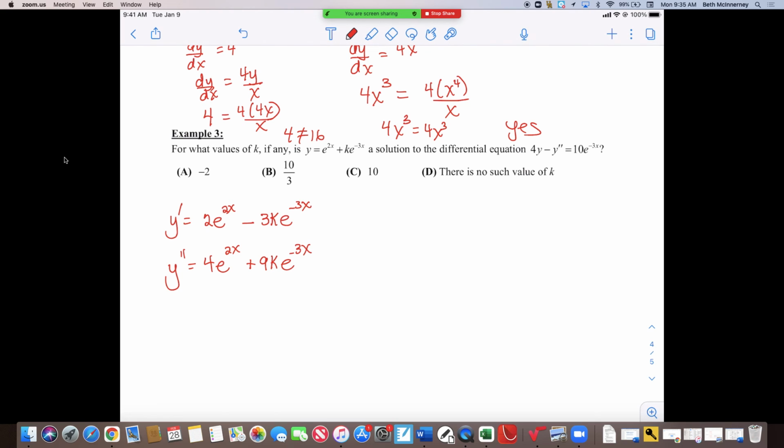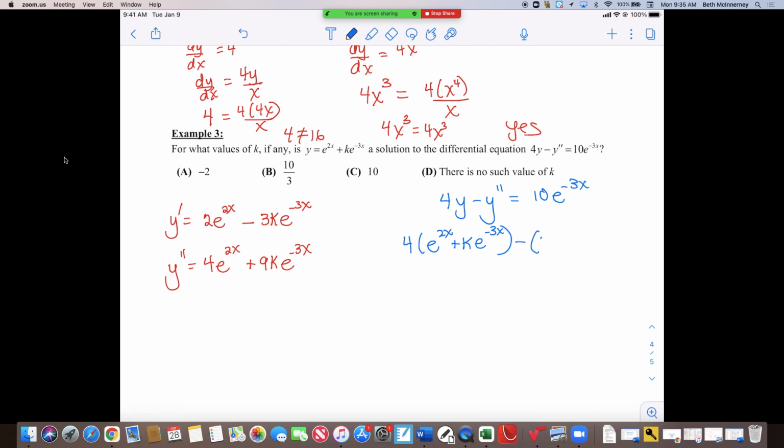So then we're going to plug in to 4y minus y double prime, and we want to know if that's going to equal 10e to the negative 3x. Well, y is e to the 2x plus k e to the negative 3x.